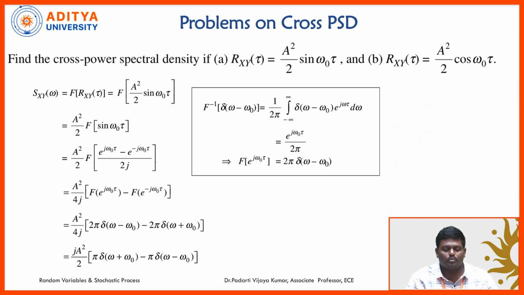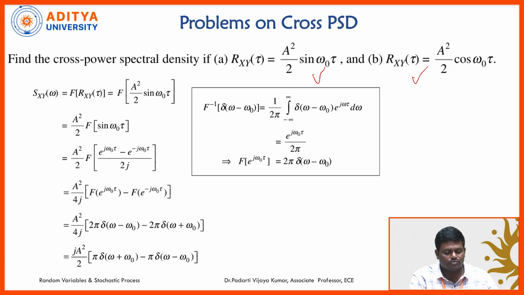Let us see one more problem related to the cross power spectral density computation, and we will avail the Fourier transform pairs. So two cross correlation functions are given. One is A square by 2 sin omega naught tau, another one is A square by 2 cos omega naught tau. Let us compute the Fourier transform for these two functions. So A square by 2 sin omega naught tau.